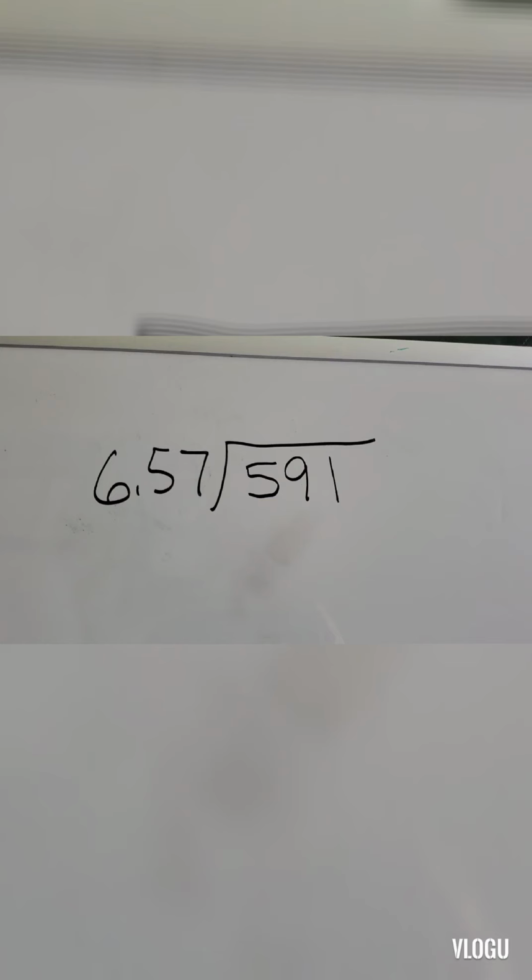Because our divisor is in the hundreds, I'm going to round it to the nearest 100. If I count by hundreds, 100, 200, 300, 400, 500, 600, 700, 800, what 100 is this closest to? 700.